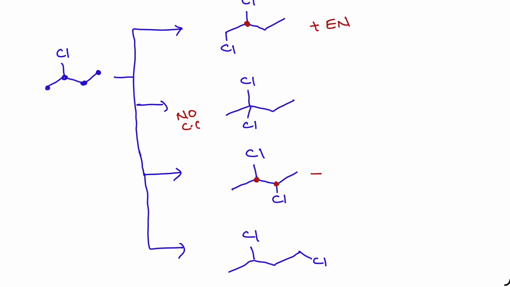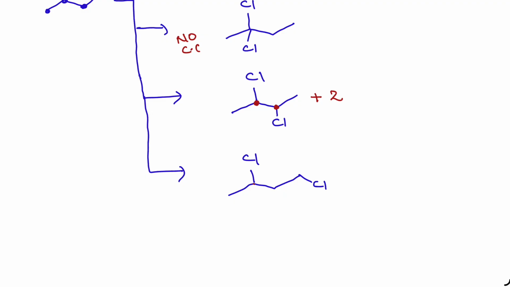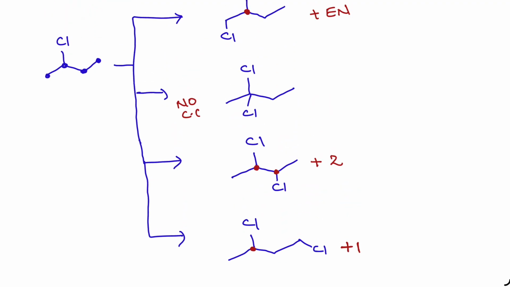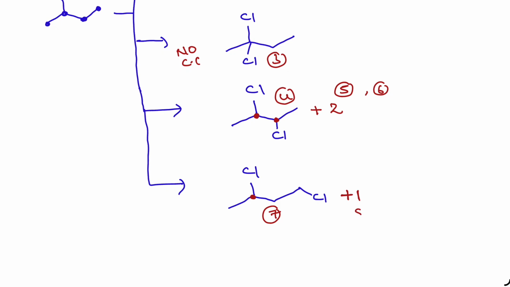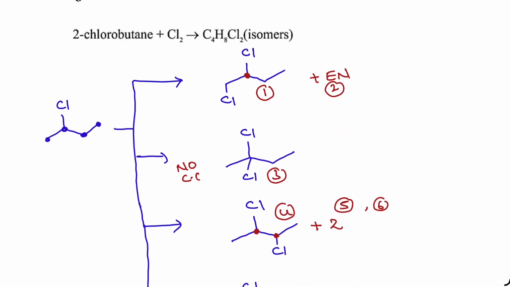Totally it will have additional 2 isomers, and here it has only one chiral center, therefore it has enantiomer. So answer will be 1, 2, 3, 4, 5, 6, 7, 8.